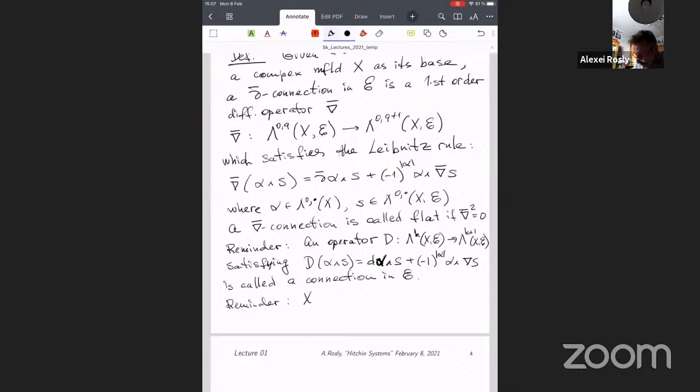that when X is complex, any connection can be written as a sum of two parts, where nabla bar is a D-bar connection, we don't need this actually, and nabla is a D without bar connection.